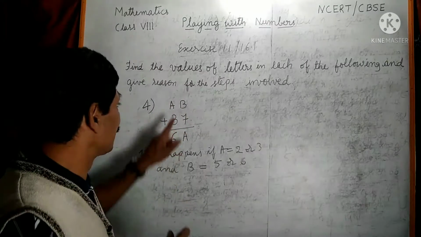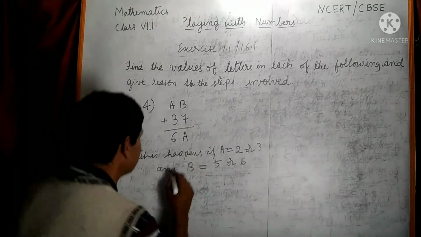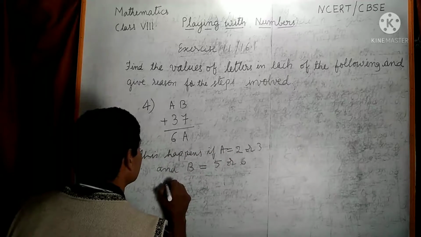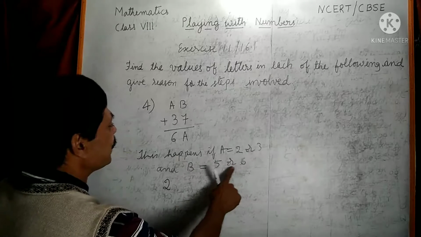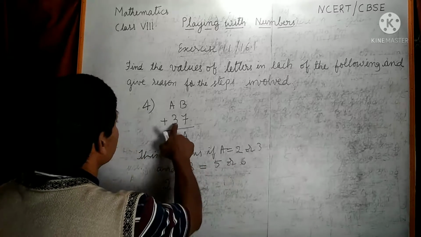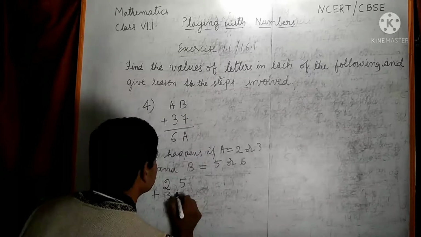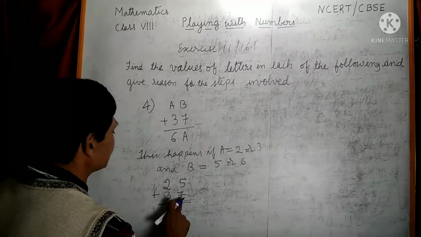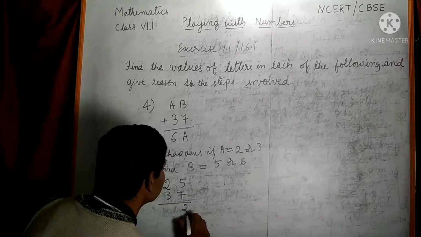Now let us substitute the values in the puzzle. A, let us take first 2 and B, let us take 5. Now plus 37. This is equal to 5 plus 7, 12.